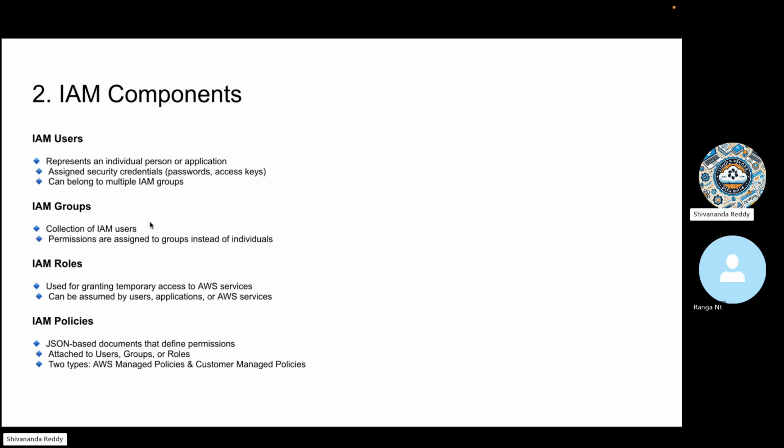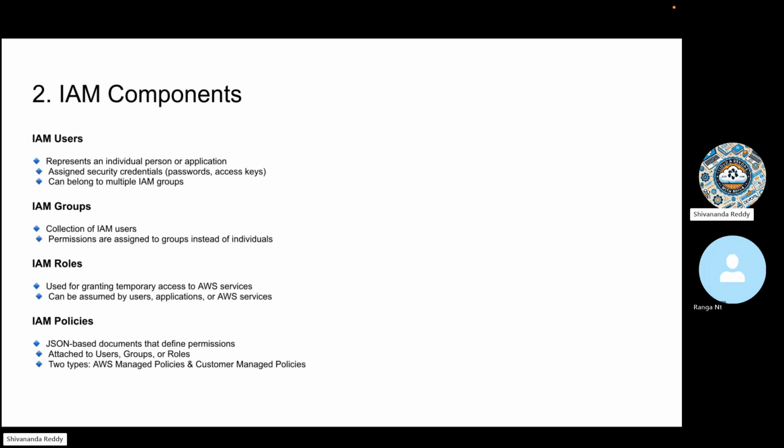Then what are roles? Roles are a very important aspect of AWS cloud with IAM. They are used for granting temporary access to AWS services. Remember, roles are used to grant temporary access to AWS resources, like EC2, S3, VPC, and many other services.